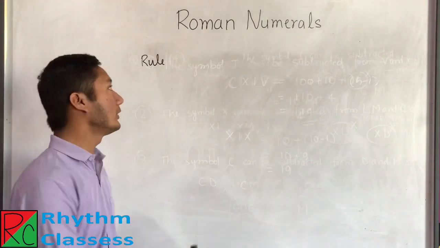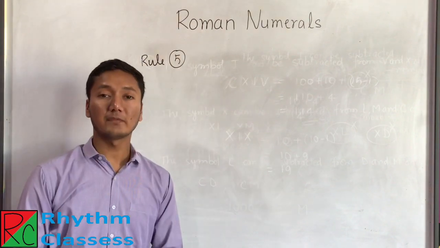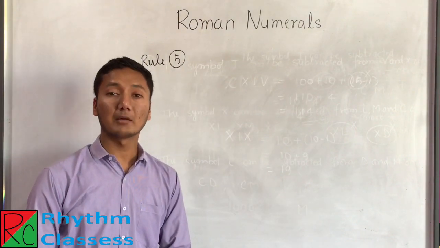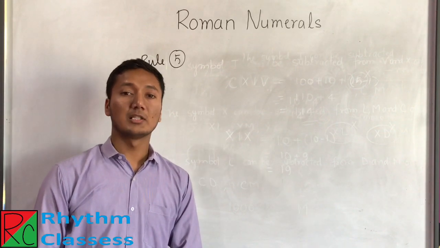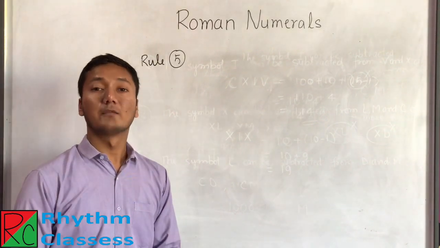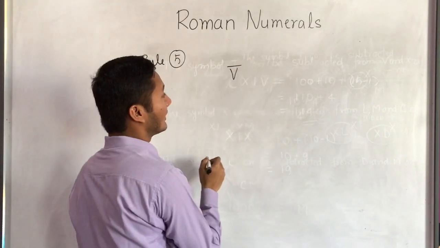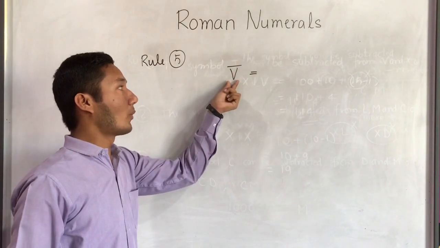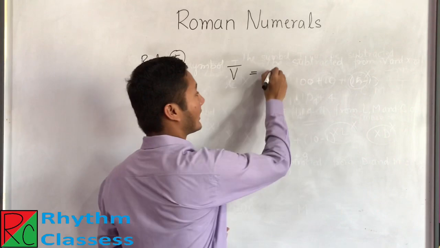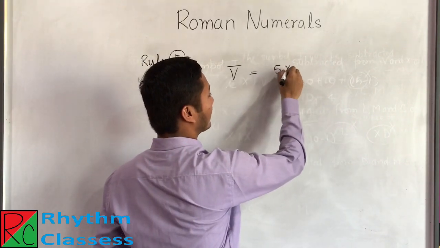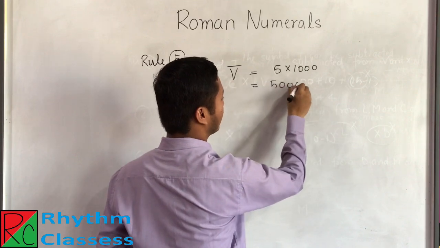Now students, moving to our last rule, which is rule number 5. Rule number 5 is if a bar is placed over a numeral, then that numeral is multiplied by 1000. For example, if somewhere we write like this, a bar is placed over the numeral, then this number will be multiplied by 1000 and it becomes 5 into 1000 and finally it becomes 5000.